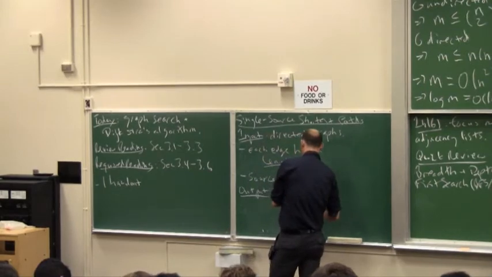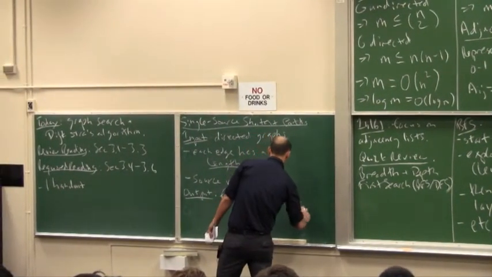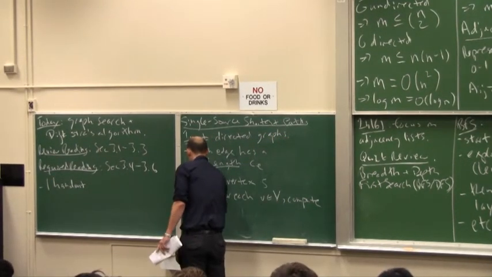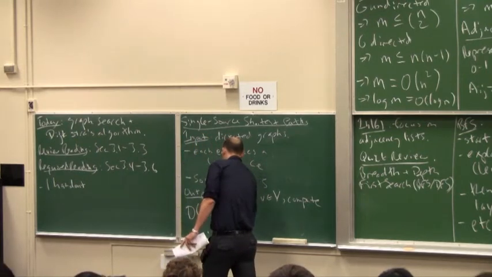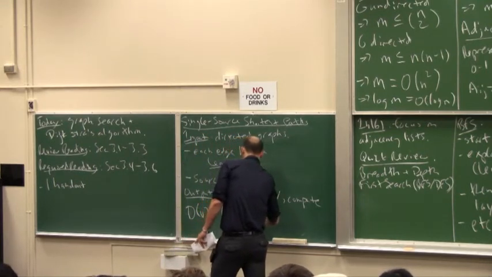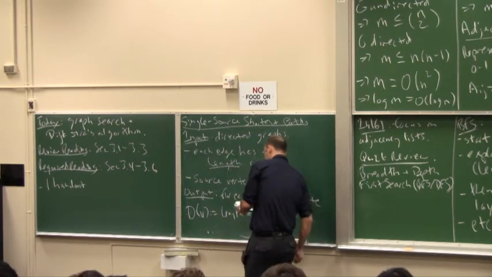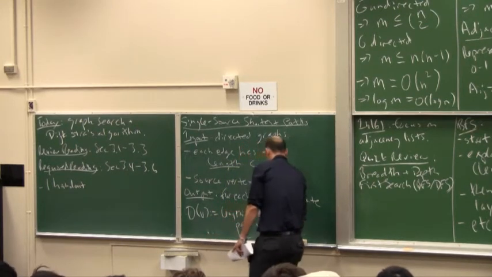So for each possible destination, little v, it is our goal to compute, using the notation capital D of V, the length of a shortest S-V path in G. Okay?